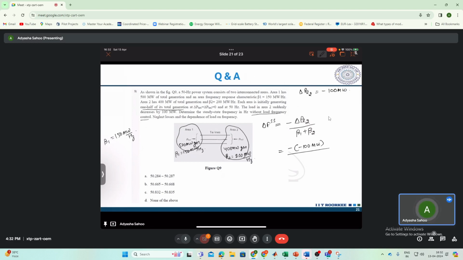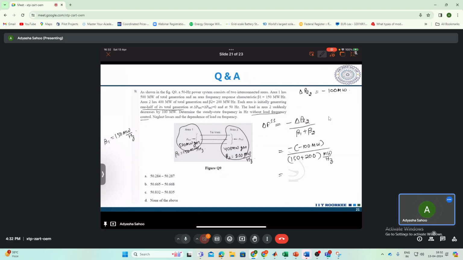So that will give us 100 divided by 150 plus 200, in megawatt per hertz.